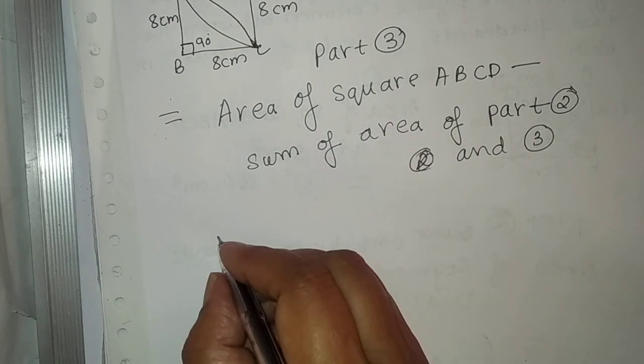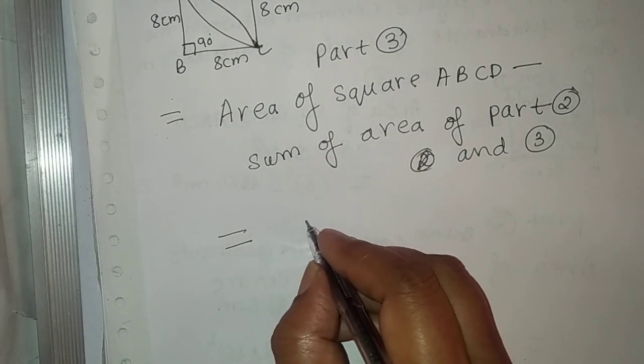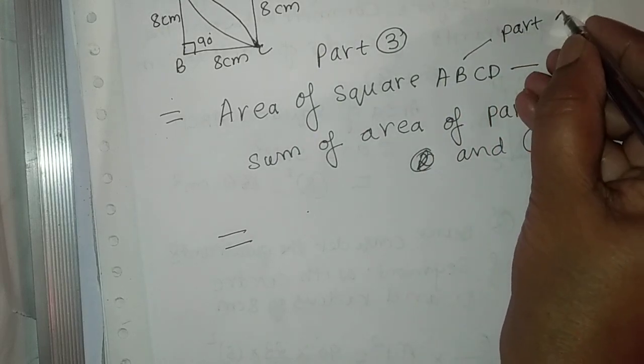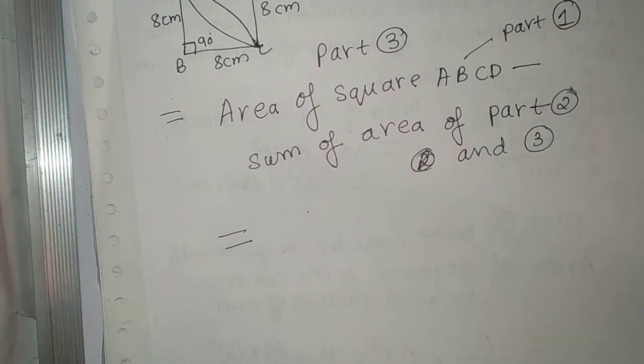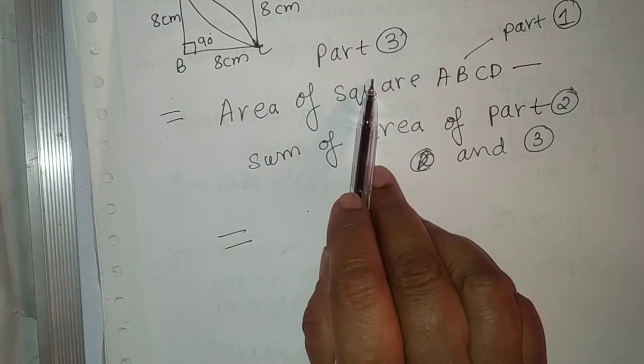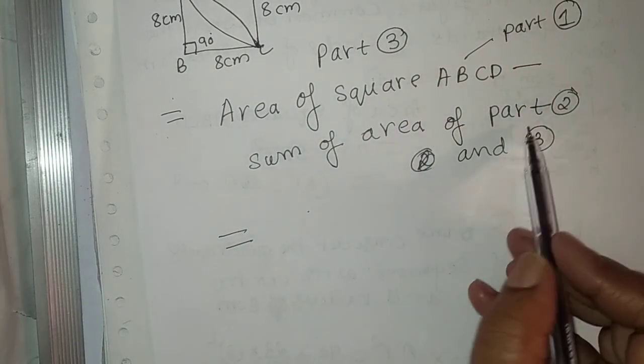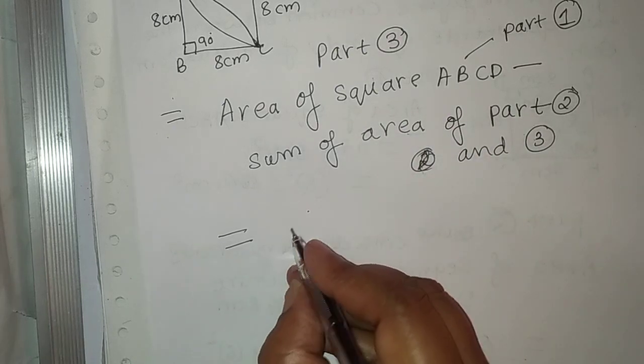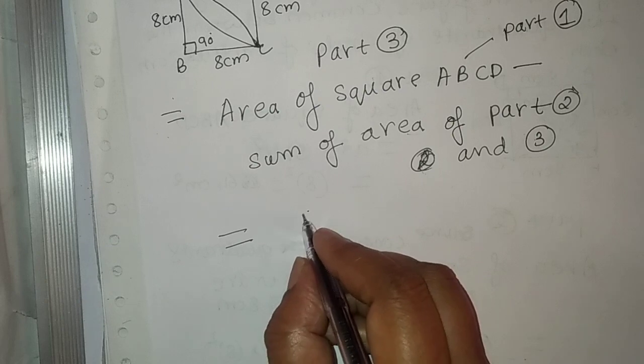What is the area of the square? We found it in part 1. So we divided the problem into 3 parts. First, we found the area of the square. Next, the sum of the areas of part 2 and 3. Next we'll substitute the values.